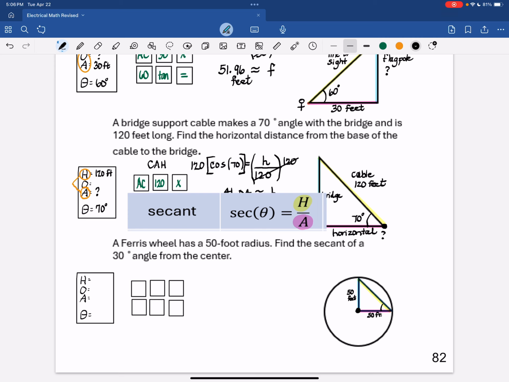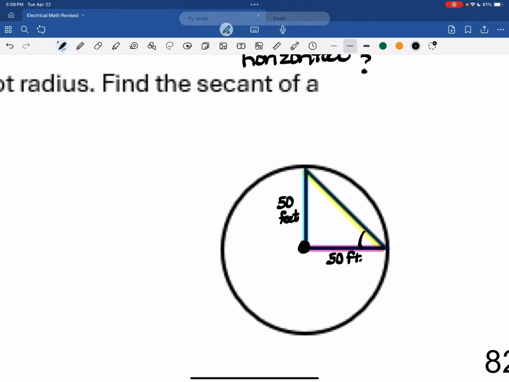Hypotenuse, we don't know, we don't care. Opposite is 50, and so is adjacent, because this is a circle, and both of those are radii for this circle. We also know theta. We know that theta is 30 degrees. So if you were looking at this angle, it would be 30 degrees.